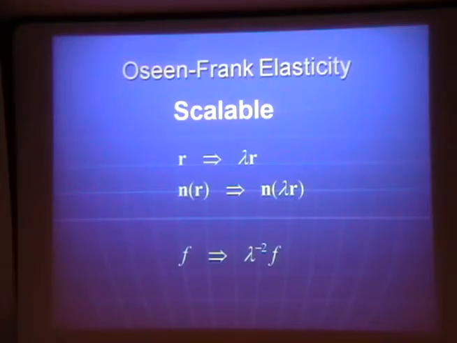You can just shrink or enlarge the system or distribution of the directors by a factor of lambda. Following that scaling process, the free energy density is transformed with a factor of 1 over lambda squared, but the F itself doesn't change. That's where scalable behavior comes from.